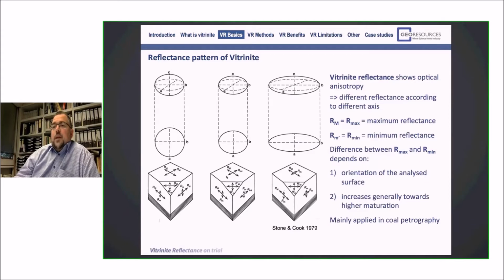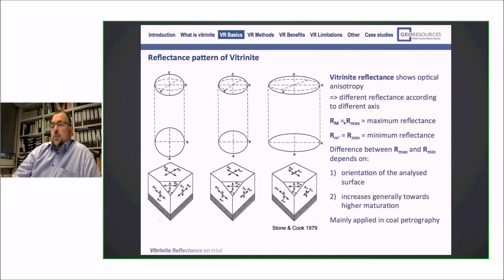Here you have an intermediate, somewhere in between, and here you have a cut where Rmax and Rmin are almost the same. The other point is that this difference between Rmax and Rmin generally increases towards higher maturation. On maturation levels above 1.5 to 2%, it gets more and more important because the difference between Rmax and Rmin becomes more and more obvious.